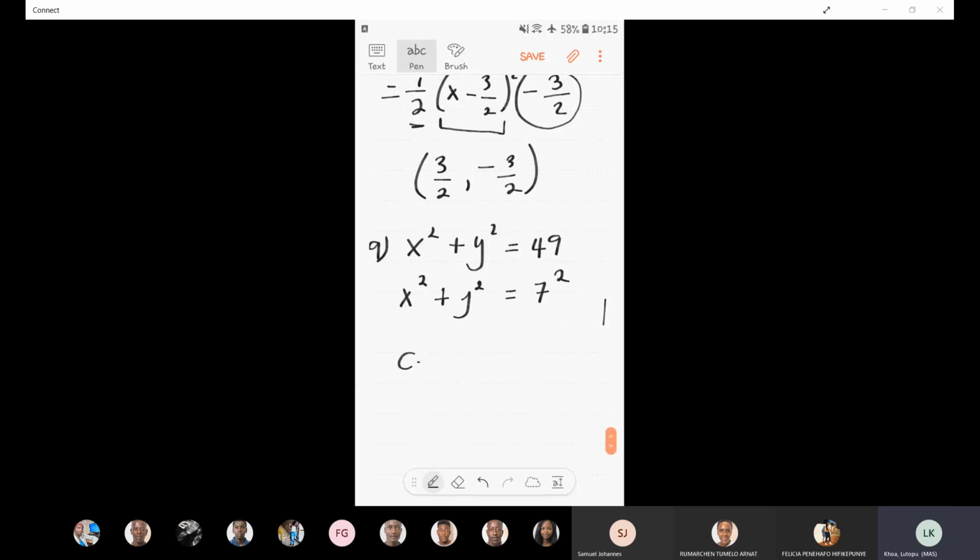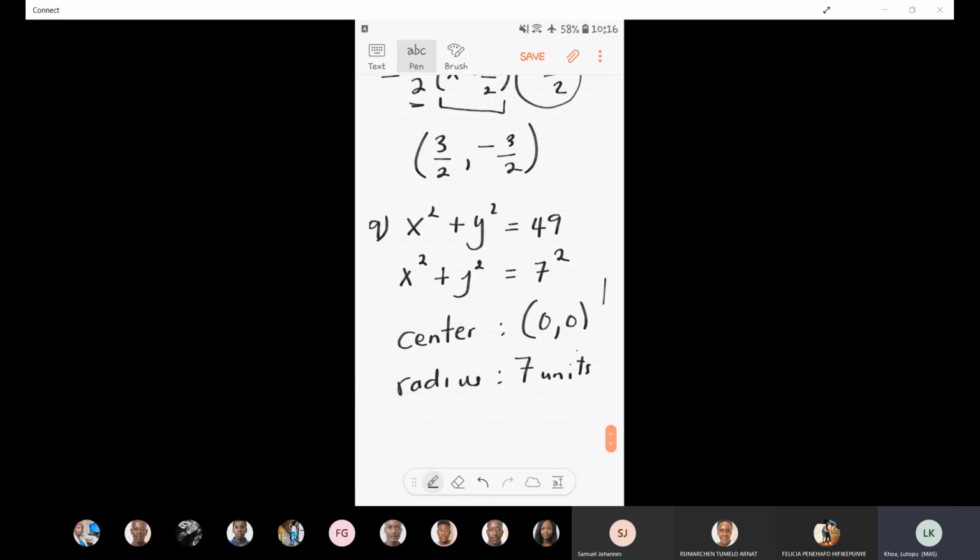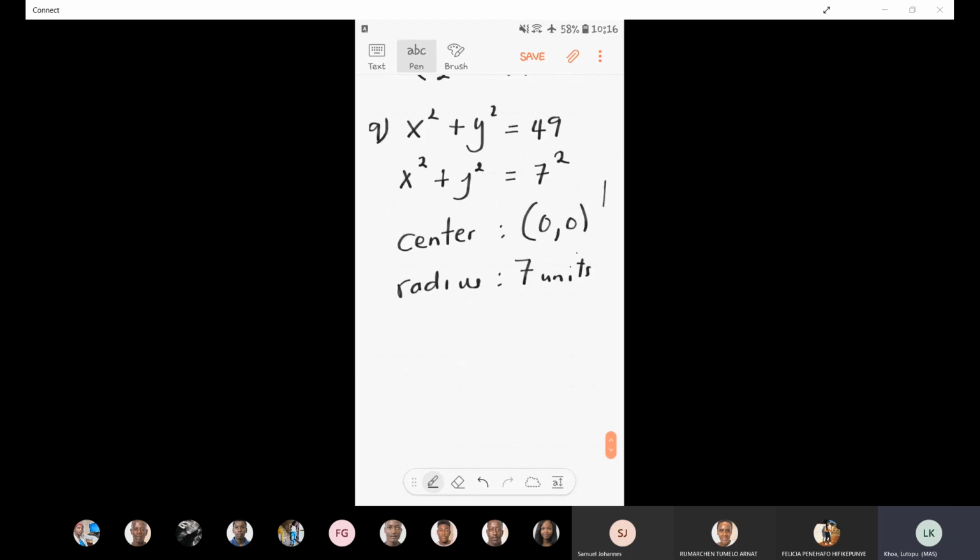So this circle has a center at the origin, (0, 0), and it has a radius of 7 units. Now the only thing we need to find out is what are the intercepts.